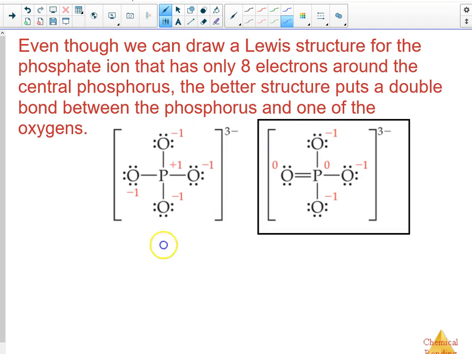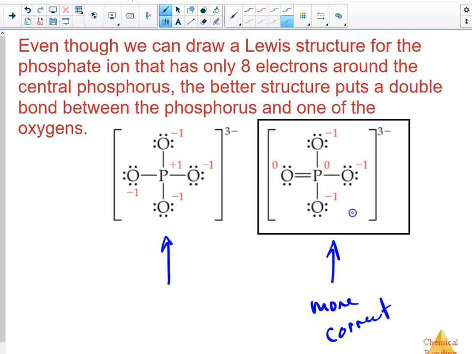All right, so now, PO4. Even though we can draw a Lewis structure for the phosphate ion that has only 8 electrons around the central phosphorus, the better structure puts a double bond between the phosphorus and one of the oxygens. So, this is valid, but this is the more correct.